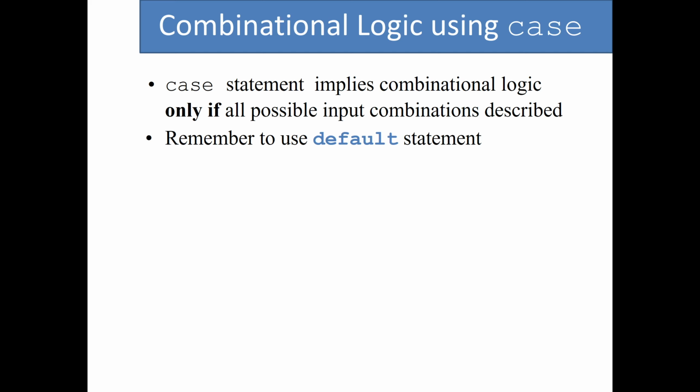If there are some combinations that are not specified and those combinations happen, that means the output is going to be the same as the previous output. So it remains at its previous value, and that kind of negates the concept of a combinational logic circuit. So you should always remember to have a default statement if there are some cases that you didn't take into account.